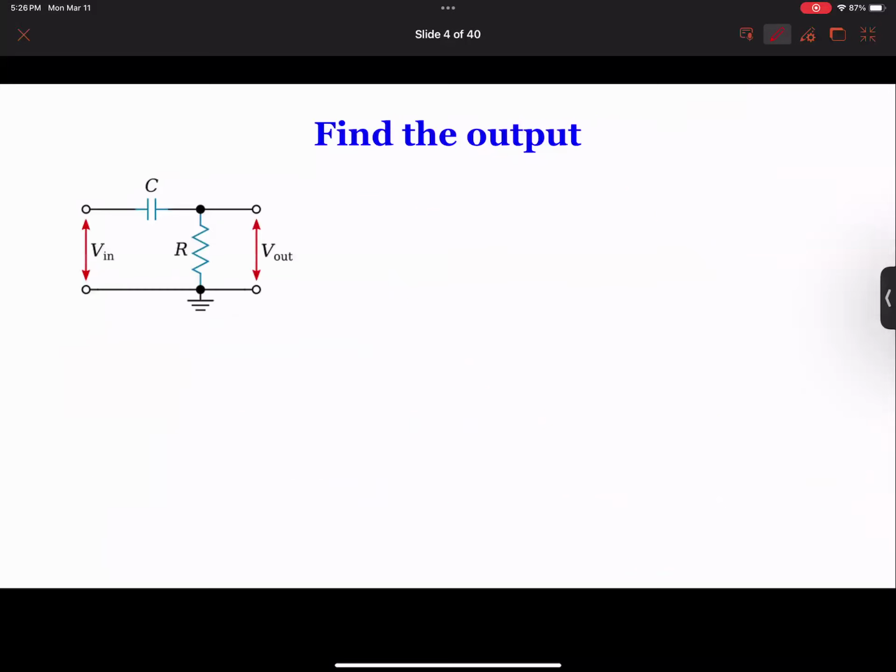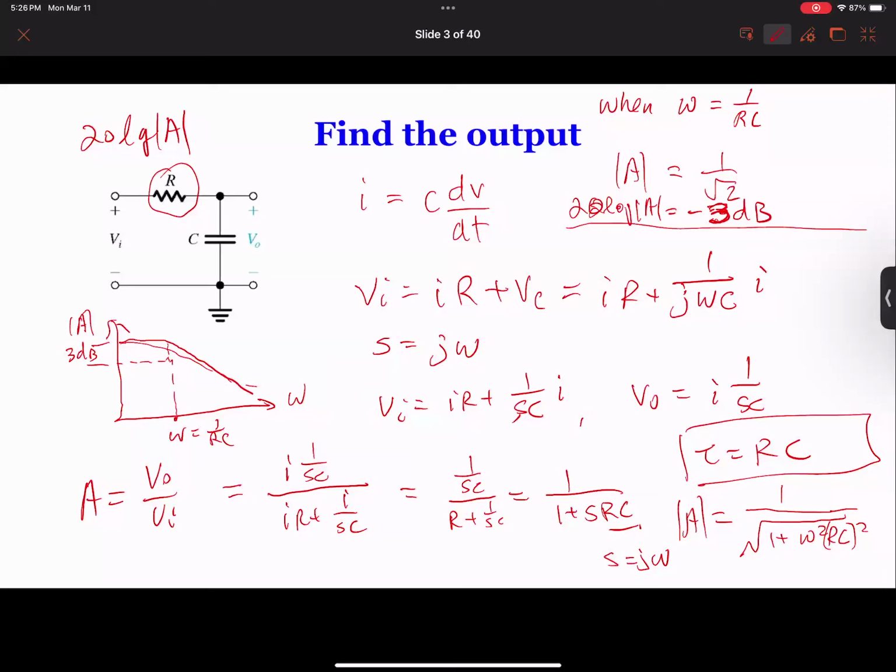So what this really means is that when the frequency is extremely low, your gain is almost 1. Because if your frequency is very small, this becomes 0, so 1 plus 0, your gain is 1.